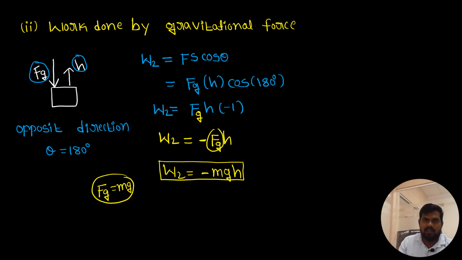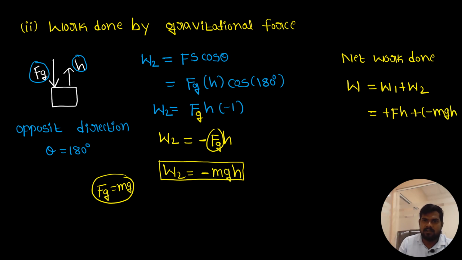Now I will take the net work done. Formula is W is equal to W1 plus W2. W1 is plus Fh, and this is minus mgh.